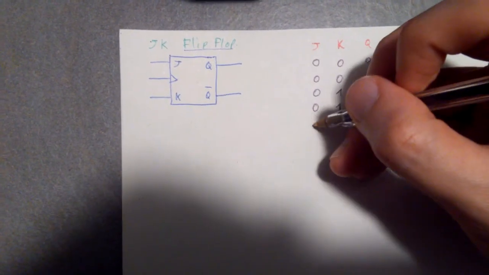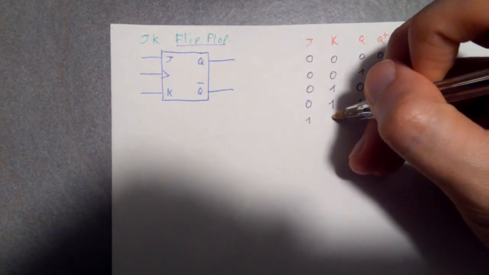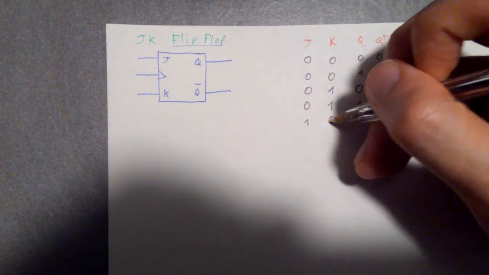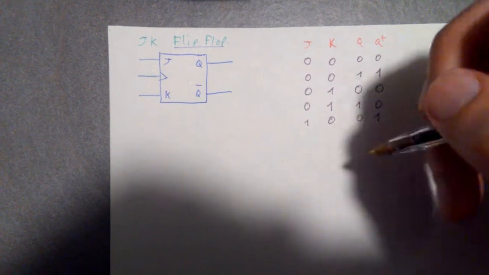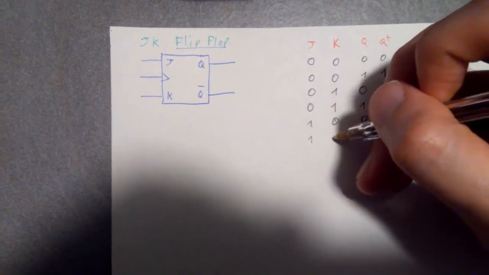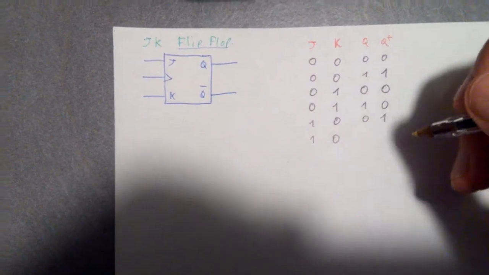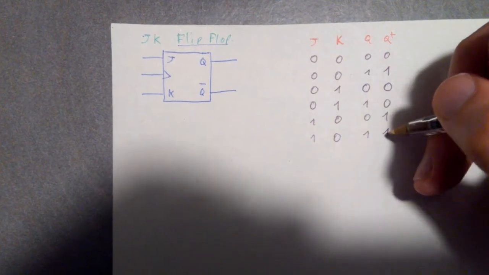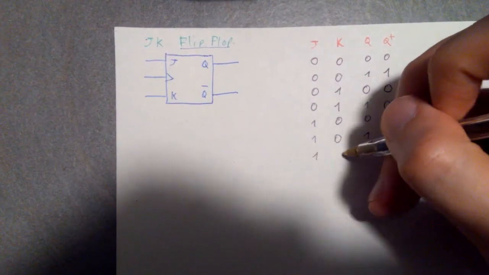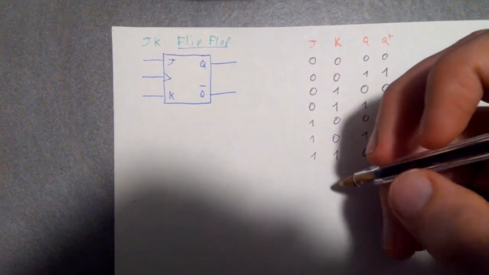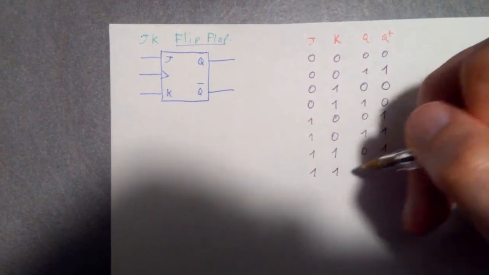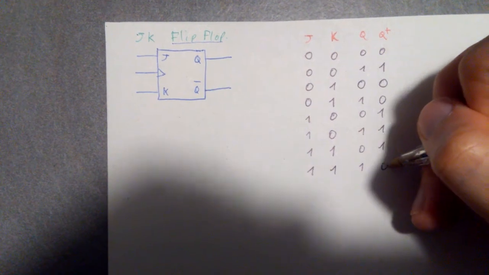If we set J to 1 and K to 0, with Q 0 we have 1, and with Q 1 we have 1. And if we set J to 1 and K to 1, with Q 0 we have 1, and with Q 1 we have 0.